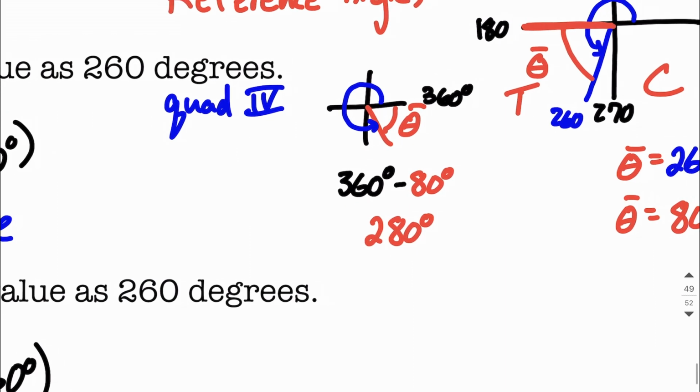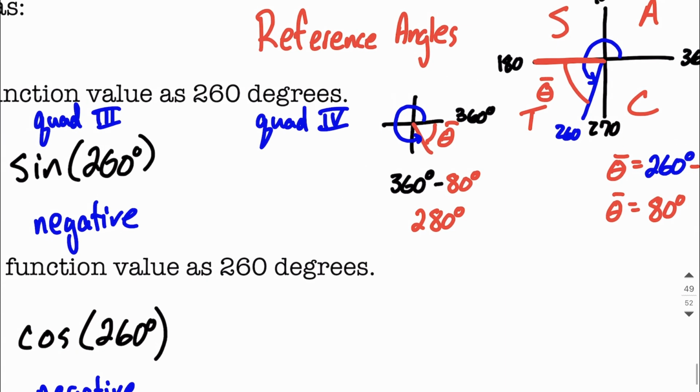That'll be an angle in the fourth quadrant that'll produce the exact same value as sine of 260 degrees. So we can be looking at sine of 280 degrees. It's going to be the exact same as sine of 260 degrees. They both work out to be negative, because we're in third and fourth quadrant, where sine is negative in both of those.